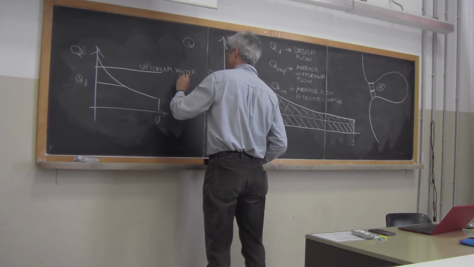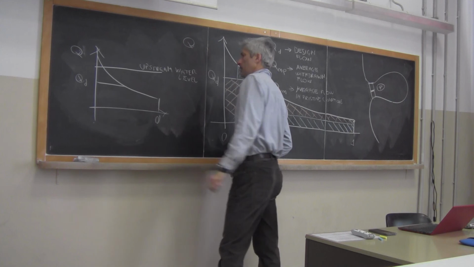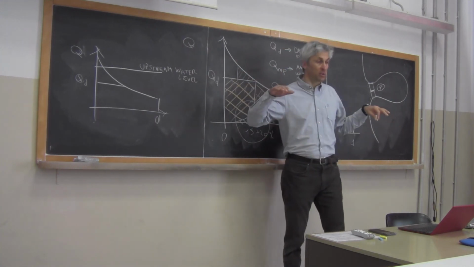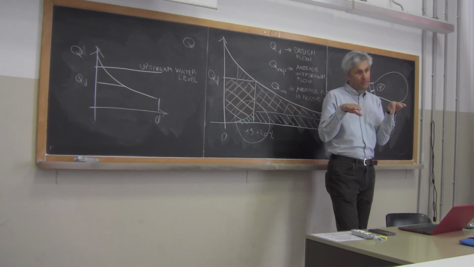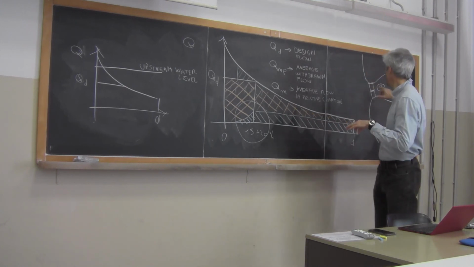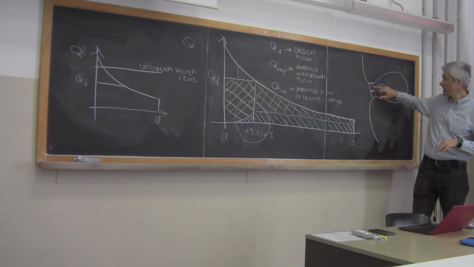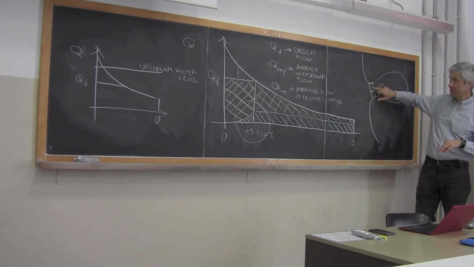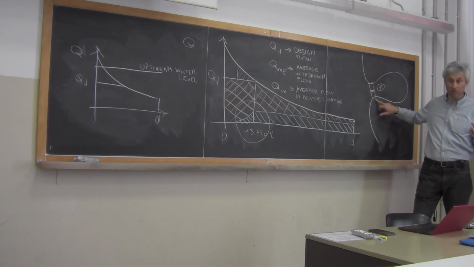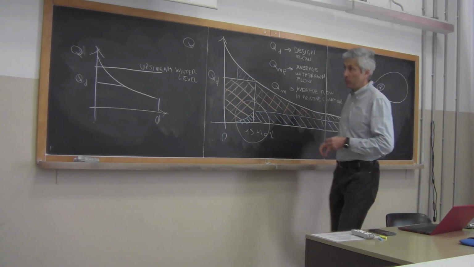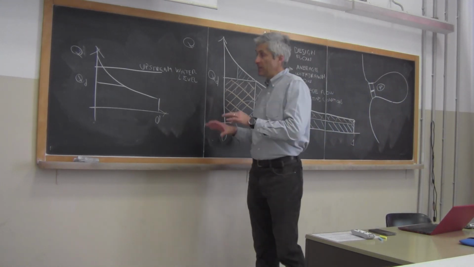Water level, which is constant because upstream we have a gate placed here, so we can keep the water level upstream of the plant constant. The water level downstream is varying because it's the undisturbed water level of the Po River.